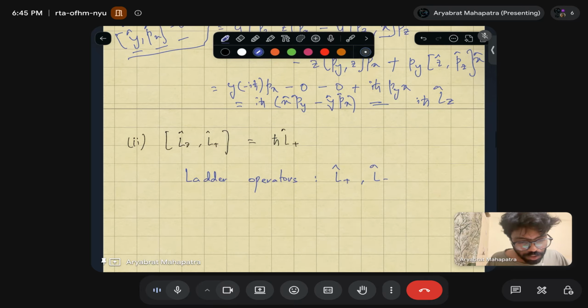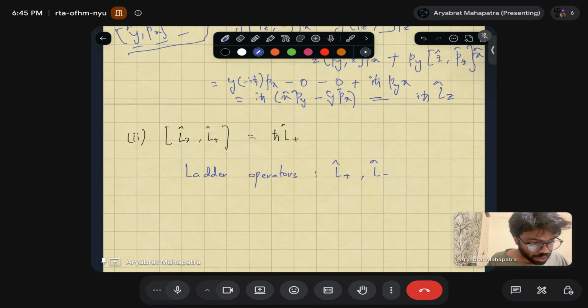They have the same job as we have seen previously in the harmonic oscillator. The L plus operator raises some angular momentum state to the next succeeding level up, and L minus brings a quantum state one state lower.